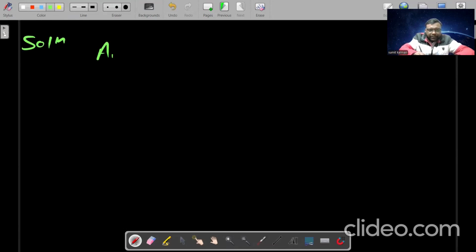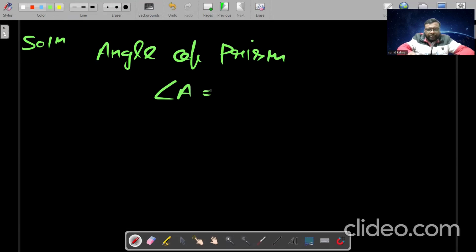Angle of prism is 60 degree. And students, refractive index of glass is given, and it is 1.5. It is given in your question paper also.